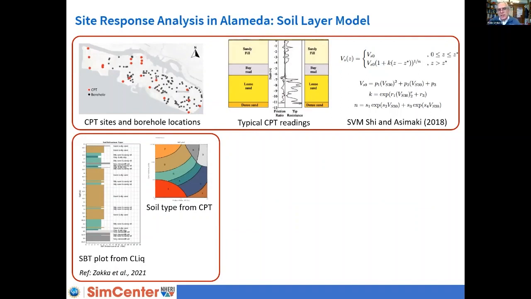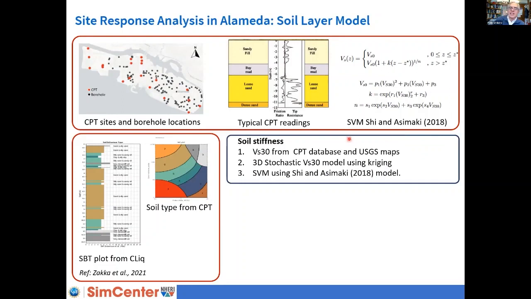For that, we use existing information from cone penetration test and borehole reports, and typical tools to obtain the soil type from CPT, or to identify which layers are liquefiable or not, using tools like CLiq, and then combining that with other models, like we did for the soil velocity model from Shi and Asimaki. What we have been doing is to develop a model for two things.